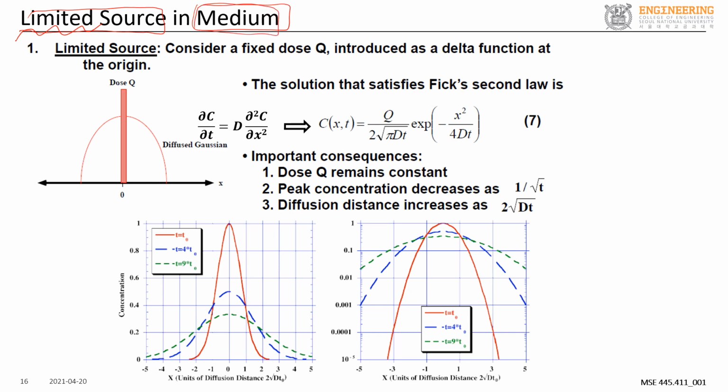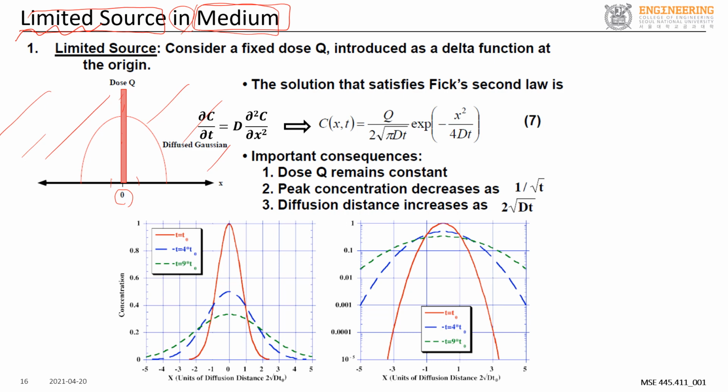And in medium means this is an infinite medium, but somewhere in the medium, the dose is concentrated at the beginning. Mathematically, this will be some kind of delta function, because they only exist at 0. If you go a little bit smaller or larger in x, there will be no dopant at time 0.